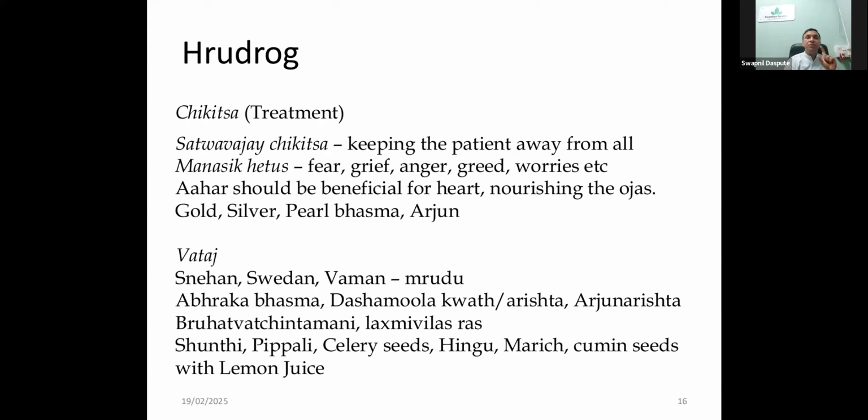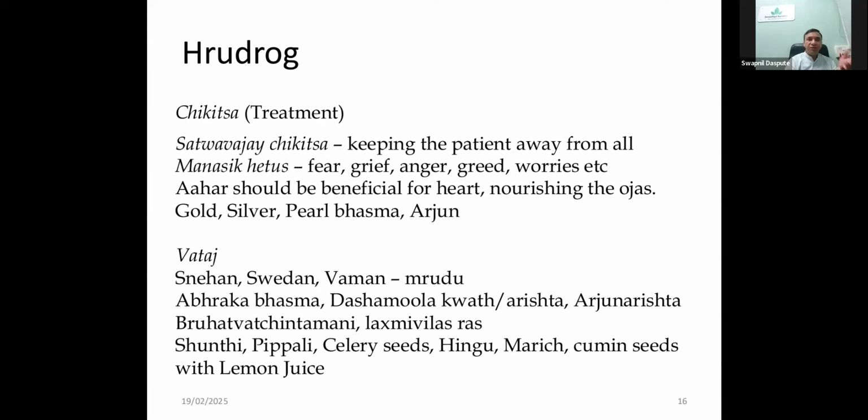Dashamula Kwatha, Dashamula Arishta, the decoction of Dashamula or the fermented version of Dashamula, can be used to pacify Vata dosha. Arjuna Arishta, I already spoke about Arjuna. Brihatvat Chintamani, Lakshmi Vilas Ras.